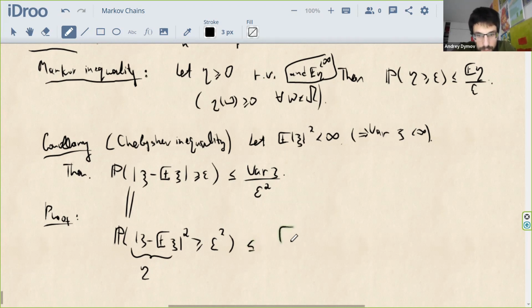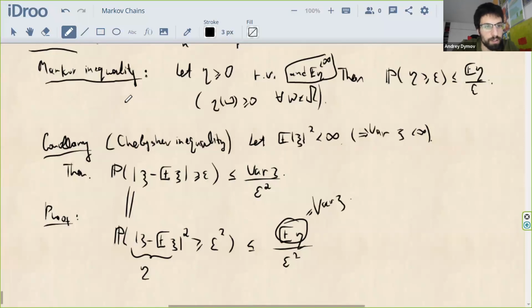By the Markov inequality, it is bounded by the expectation of eta over epsilon squared. But the expectation of eta, what is this? Just by definition, this is the variance of psi. You see, the Chebyshev inequality and the Markov inequality are almost the same. Personally, I often forget what is called Markov and what is called Chebyshev. It isn't very good, of course, but this is indeed almost the same.